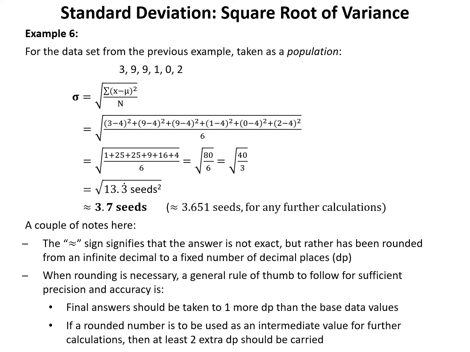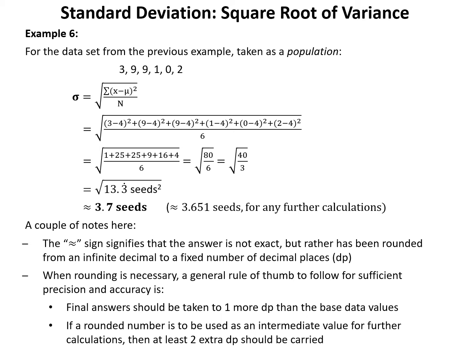In example 6, we go back to the previous example, the data set, and we consider it as a population, and we calculate the population standard deviation, sigma, by taking the square root of sigma squared, the population variance. So we end up with the square root of 40 over 3, or the square root of 13.3 repeated, seeds squared. And we get an answer rounded to 1 decimal place of 3.7 seeds.